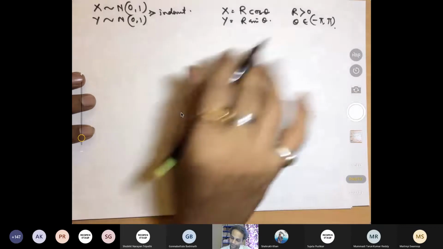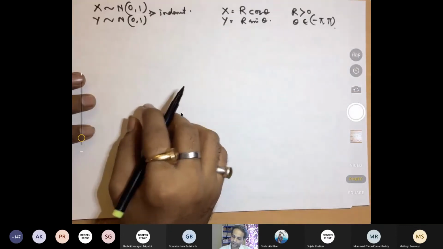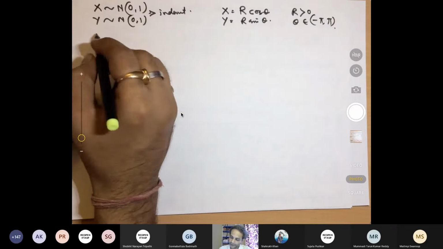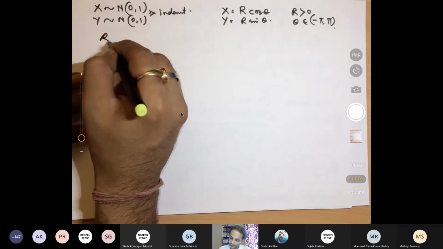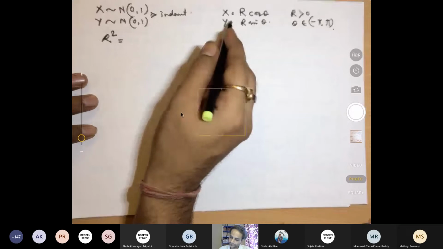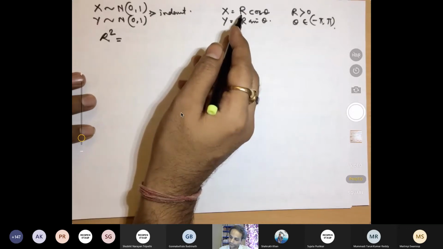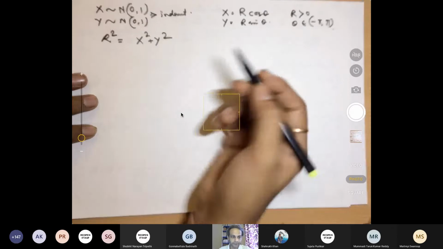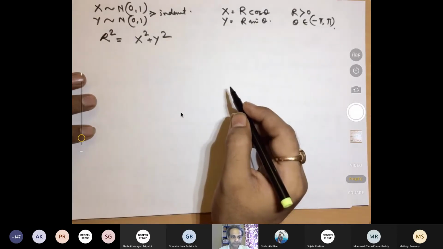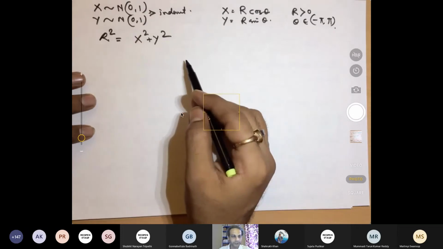Already you know. So by definition, r square is x square plus y square. Is it okay? Any trouble?